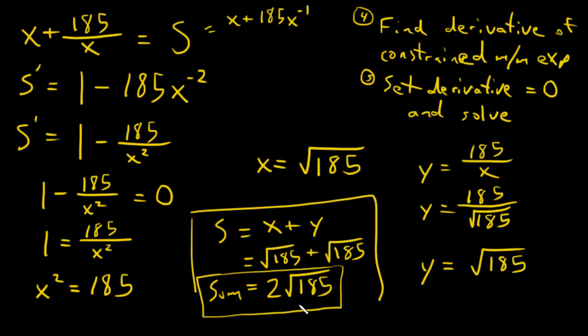But if you didn't have experience with it, you would never guess that the minimized sum was 2 root 185. It's just not going to happen. So there you go. We just used our optimization, a little bit of calculus, to find out something that would be impossible just by thinking about it.